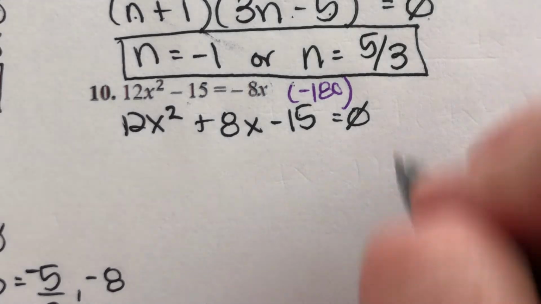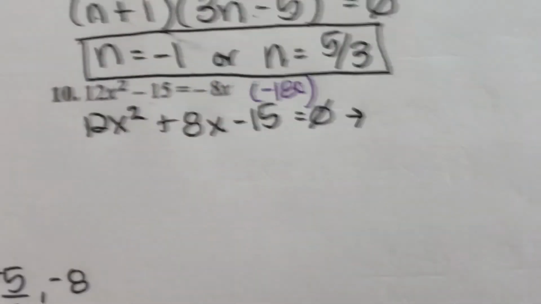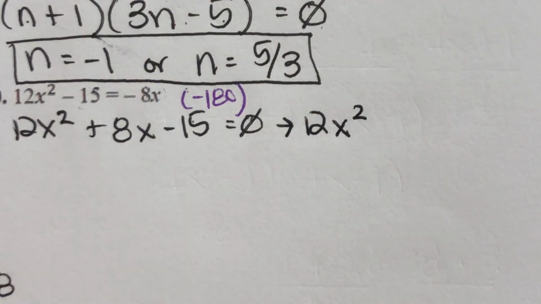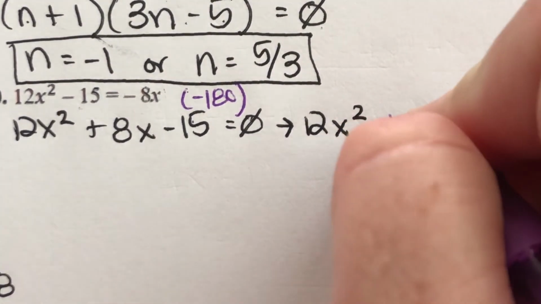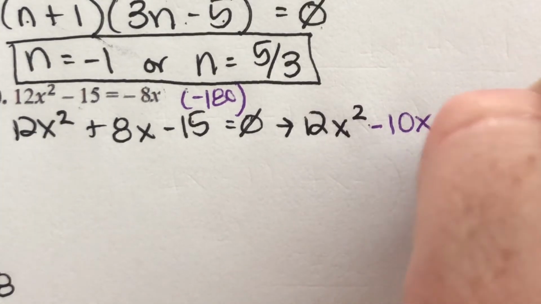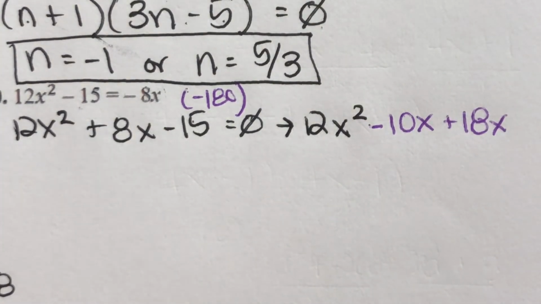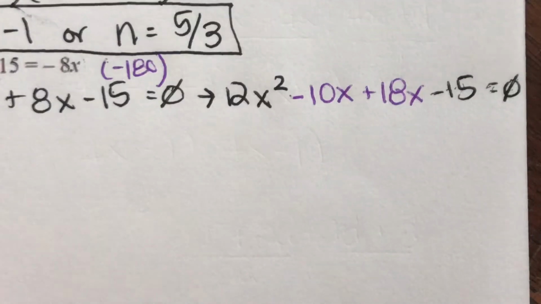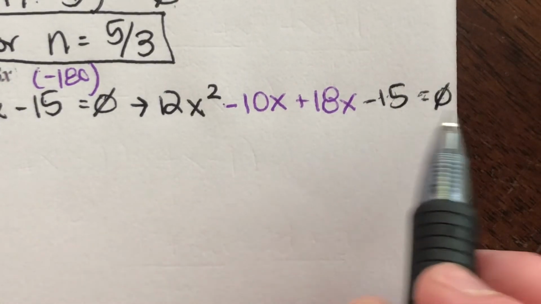Sorry, 18 and negative 10. So I'm going to rewrite that over here. 12x squared minus 10x plus 18x, and then I have a minus 15 here at the end. And that's all equal to 0. I'm squishing it in. So here's my new equation.